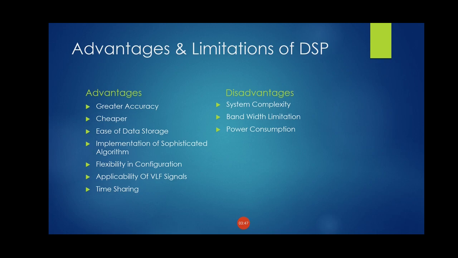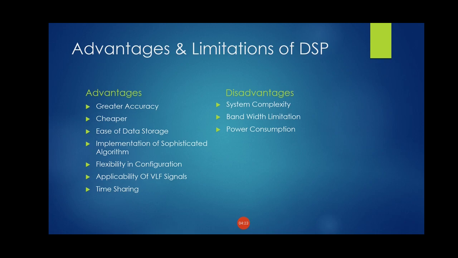Now, the fifth point is flexibility in configuration. See, a digital signal processor usually deals with numbers. So, it can be easily reconfigured by changing the program or changing the numbers in the program. You do not need a complex reconfiguration of an analog system, which involves redesigning of the total system hardware.